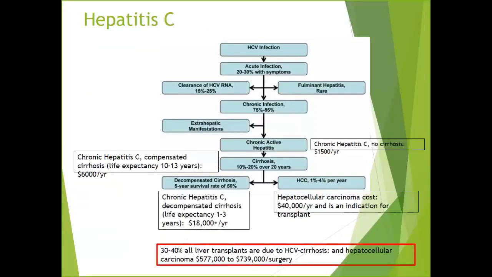Okay, so this is the long-term course and rates of infection for hepatitis C. You have the patients who are acutely infected. You have the 70% who develop chronic infection, and if you march on down through it, the risk of cirrhosis is about 10 to 20% over 20 years, and then for liver cancer it's about 1 to 4% per year.